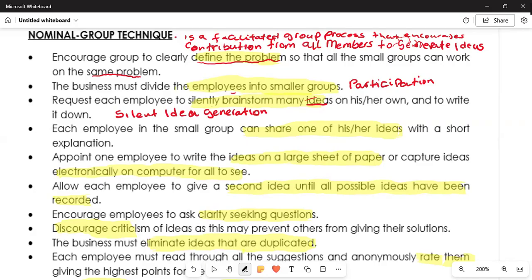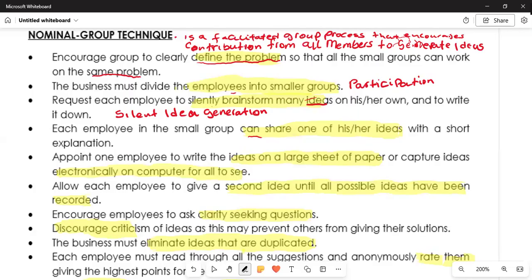Each employee in the small group can share one of his or her ideas with a short explanation, to just try to tell how his or her idea is going to solve the problem. That is very important.